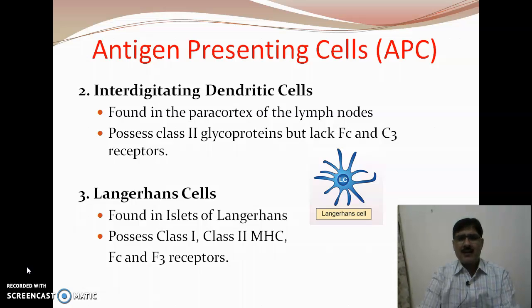And then the Langerhans cells. The Langerhans cells were the first antigen presenting cells discovered by immunologists, and they are named so because they are found in the islets of Langerhans in the pancreas. They possess class I and class II MHC, or major histocompatibility complex.